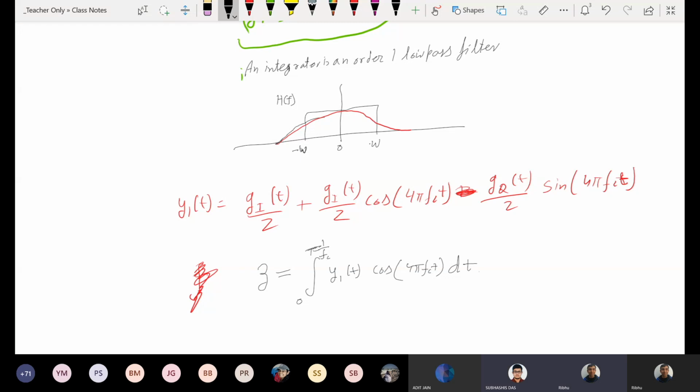So in essence, what you are saying is right. Just that instead of this red frequency response, I have placed multiple integrators. An order M filter is simply M rounds of an order 1 filter. So if instead of a single integrator I put multiple integrators, I'll get this.